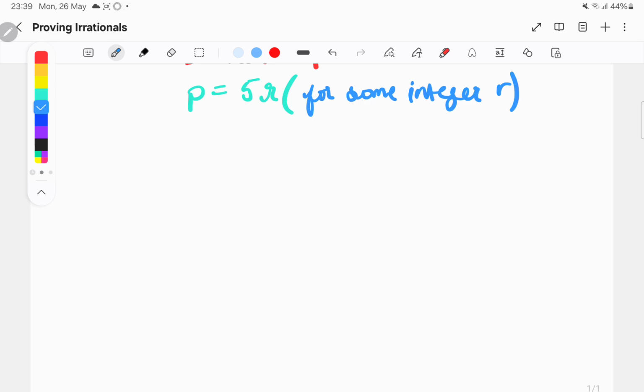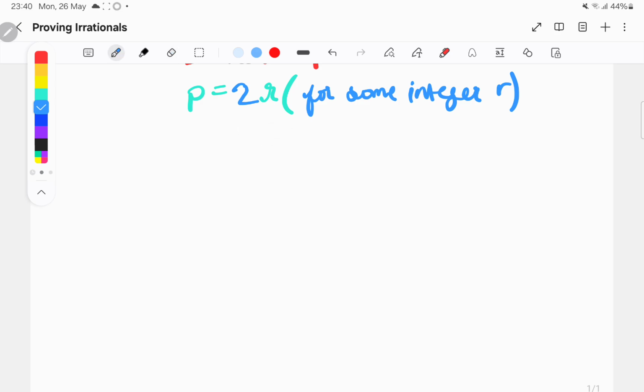Just a random assumption. Sorry, I said 5 earlier; p is equal to 2r. For some integer, because it's root 2, so we took 2r. If it was root 5, you would have taken 5r. Whichever number you're taking over here, if it was root 13, you would have taken 13r to prove it irrational.